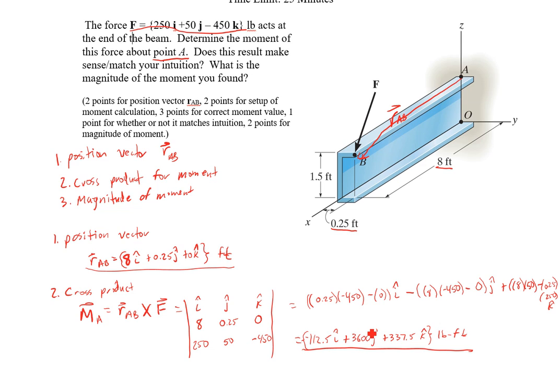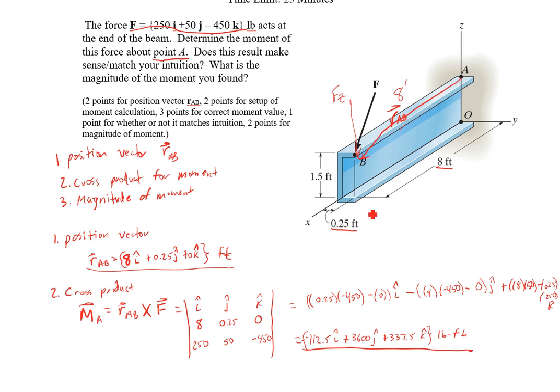Now, does that make sense to us? Looking at our applied force, our largest moment arm from A is in the x direction, going over this way, and that is multiplied by our biggest component of the force, which is in the negative z direction. So there's the Fz times our x offset of 8 feet, and that's our biggest part. That makes sense to me. It gives us a positive moment.